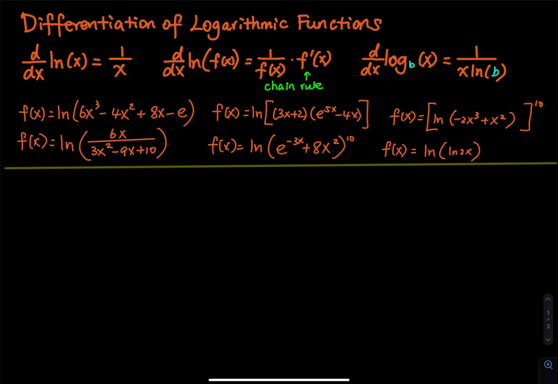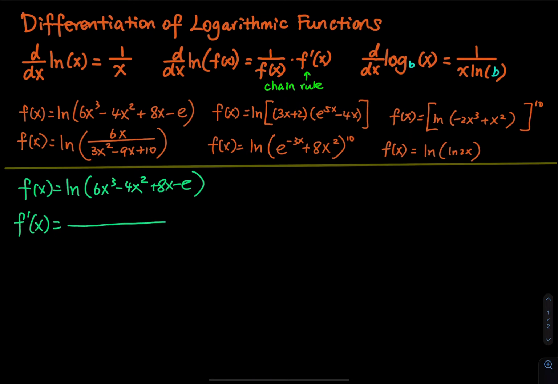All right, so first problem, we have f of x equals ln, and then parentheses, 6x to the third minus 4x squared plus ax minus e, and then we need to take the derivative. So we have f prime of x. First of all, for the derivative of ln, you bring the entire thing to the denominator. So let's draw a fraction bar.